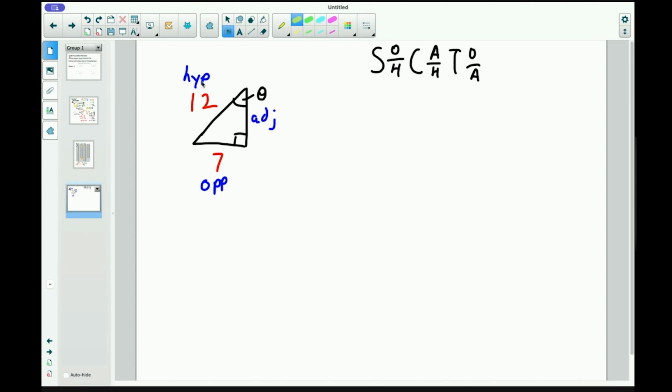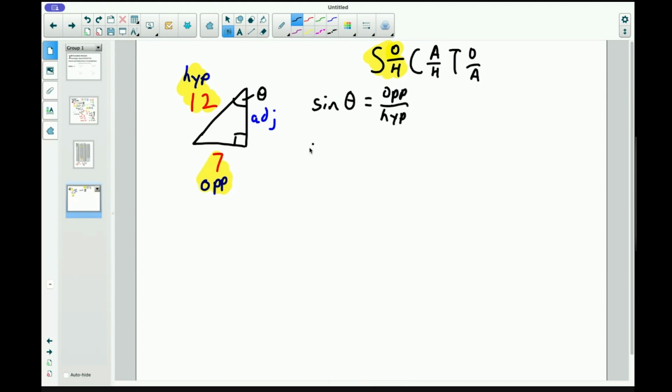Now, because I have the hypotenuse and I have my opposite side, I can just ignore the adjacent side. So I need something with opposite and hypotenuse, which is sine in this case. So I can say that sine theta is equal to opposite over hypotenuse.